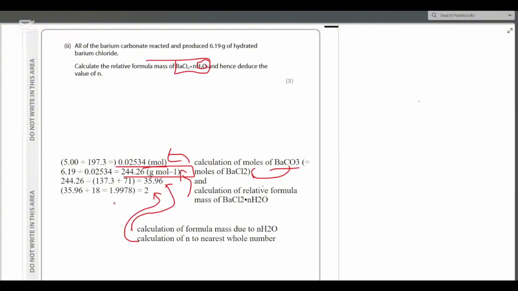After getting the mass of water, we can divide it by the molar mass of water in order to get the number of moles of water actually present. That is 2. So the value of n, which represents the number of moles of water of crystallization present in this salt, is 2. So that's how you calculate it.